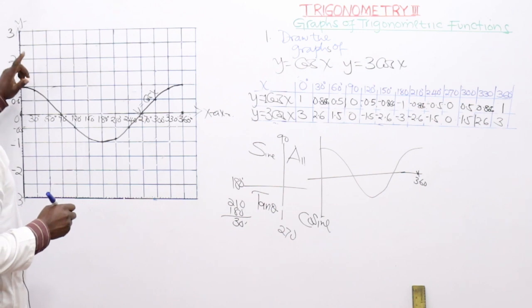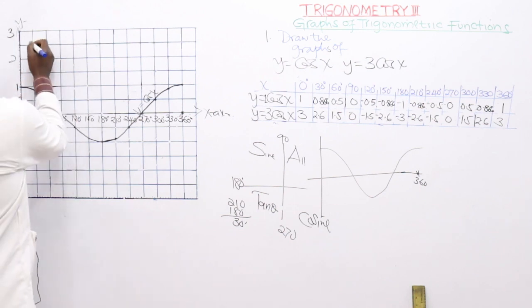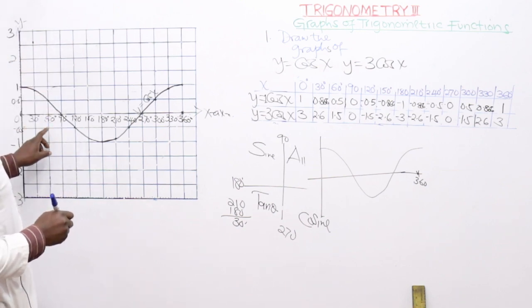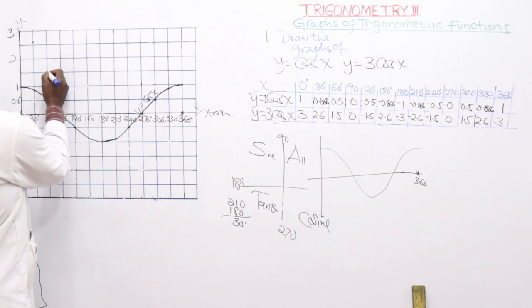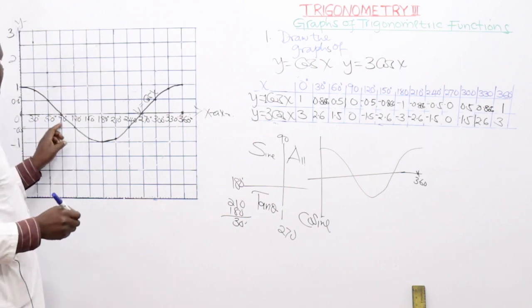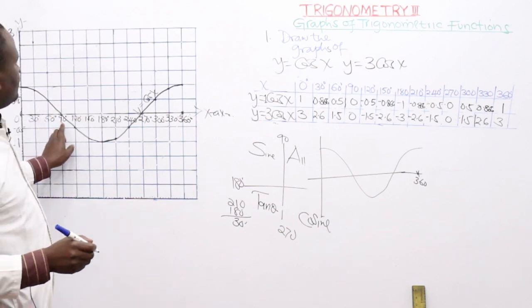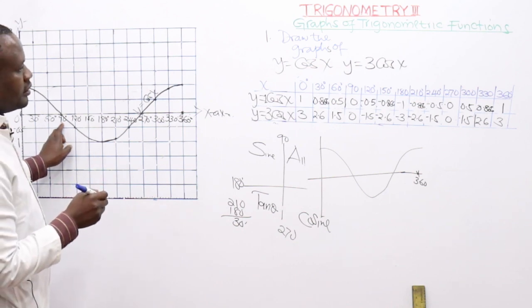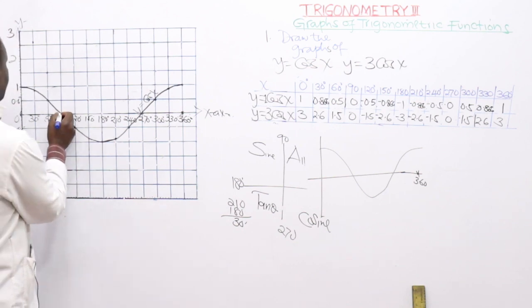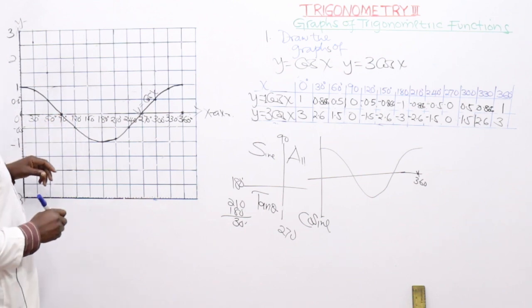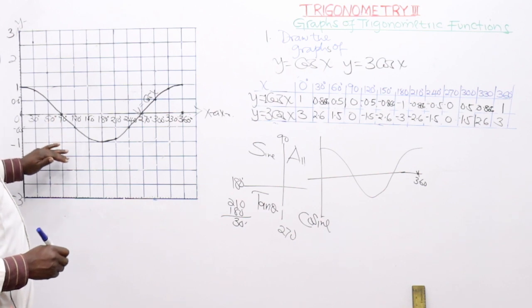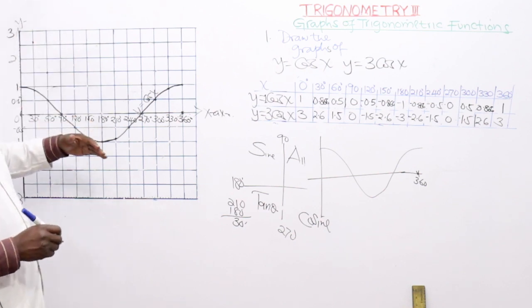You have to know 2.6, 2.5, 2.6. 60, 1.5. 1.5 is easy. 90 is 0. That's easy. So the graph looks like the other one, except that the amplitude is 3.